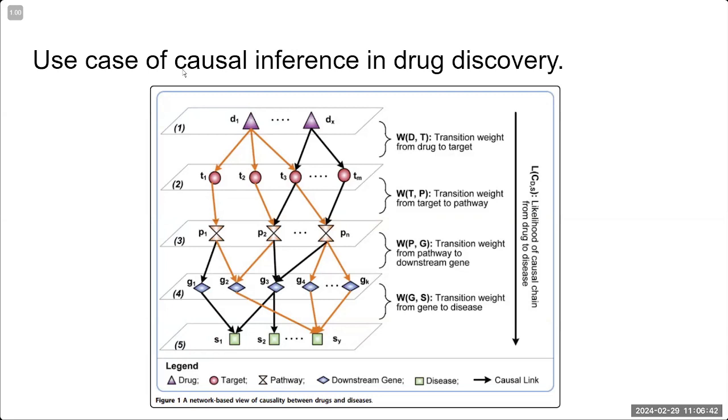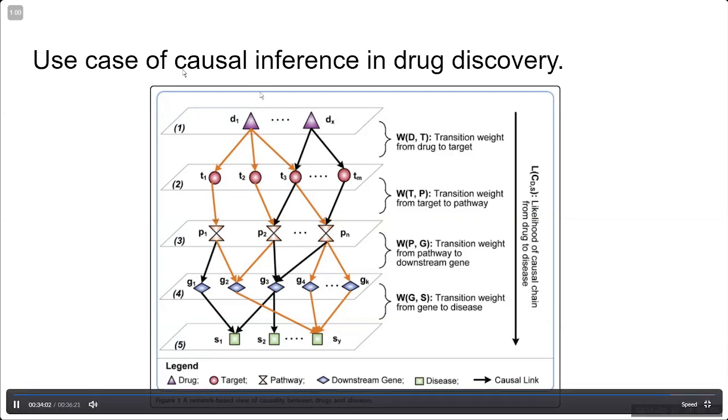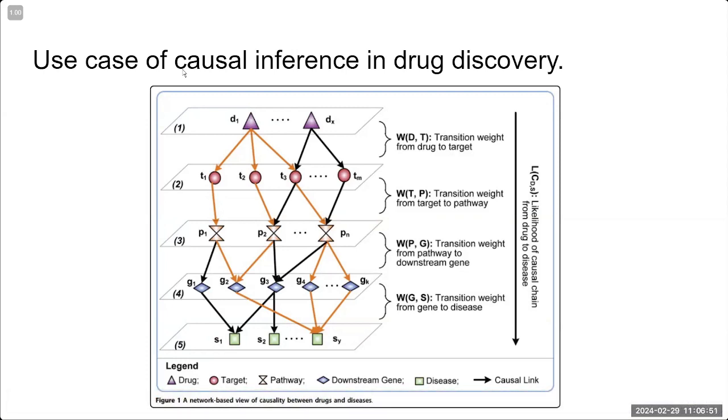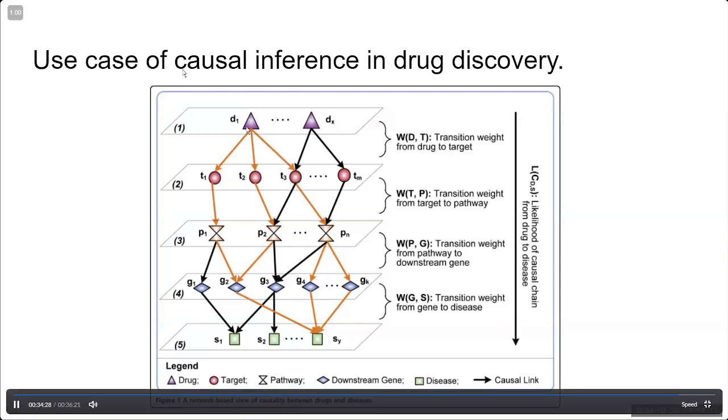So CRISPR and technologies like RNA interference, RNAi, they actually go all the way down to level 4. This is from the genes, right? Exactly, yeah. But the problem is knowing the dose level or making it very specific to, let's say, gene 3 and gene 4. Those become challenging.